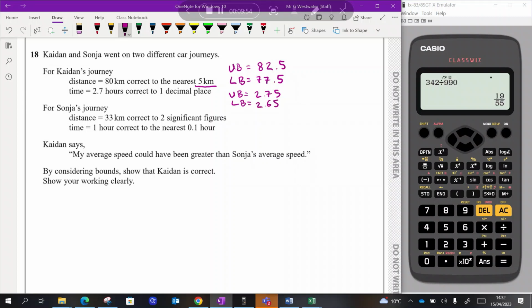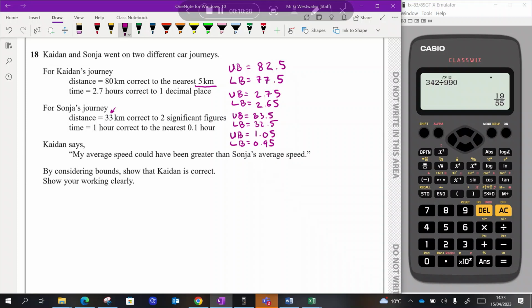Okay? And for Sonia's journey, again, to the nearest whole number, so upper bound would be 33.5, lower bound would be 32.5, and time is 1 hour correct to the nearest 0.1 hour, so again half this, 0.05, our upper bound is going to be 1.05, and our lower bound is going to be 0.95 hours.